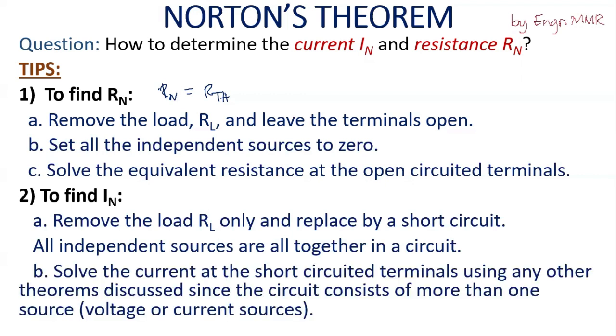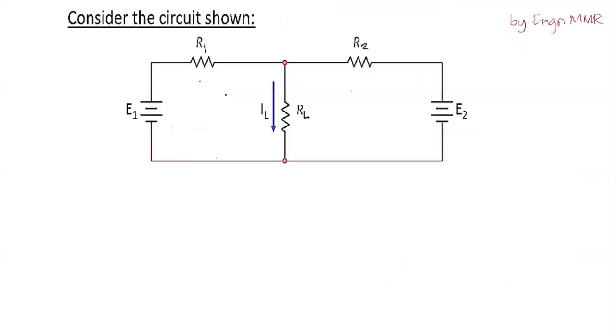Then we solve for the current at the short-circuited terminals using any theorems discussed, since the circuit consists of more than one source, and it could be either voltage or current sources. So let's consider this figure.